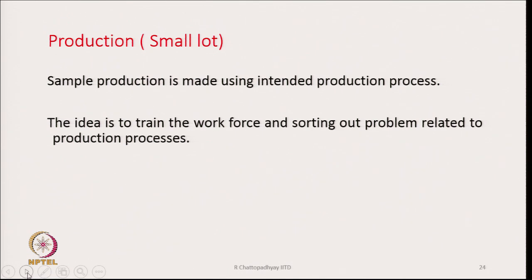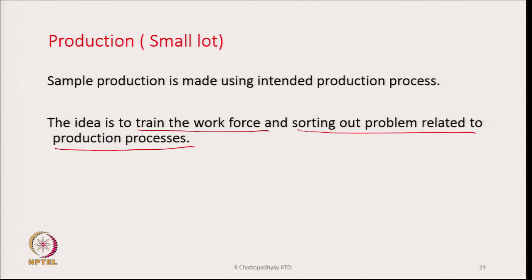Sample production is made using the intended production process. Why do we produce a small lot to start with? Because the idea is to train the workforce and sort out problems related to the production process. Instead of going for a very large volume of products to start with, we go for a small volume, so that we train the workforce if required.